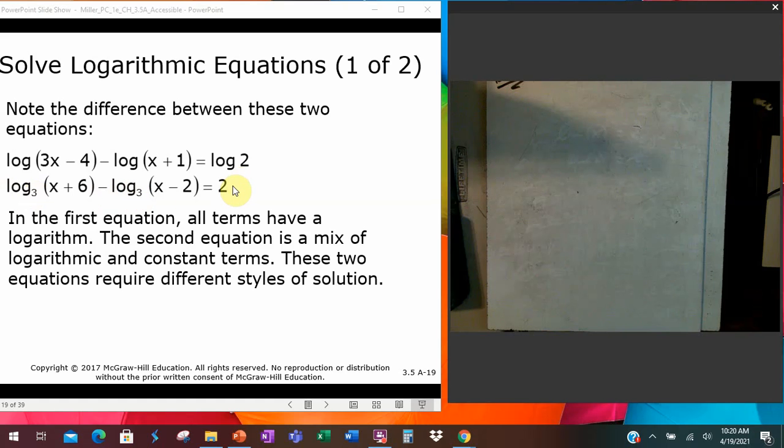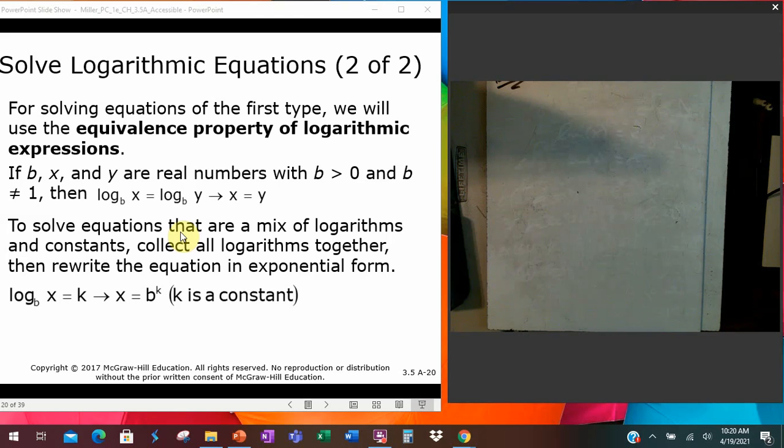The way that I solve these two is going to take a different method. With the 2 and this log base 3, I want to re-represent that as a power of 3.